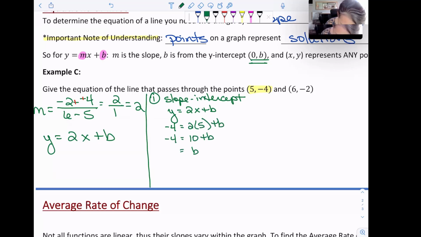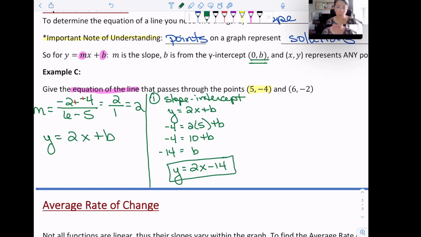So we get a y-intercept, when we subtract that from both sides, of negative 14. But again, keep in mind, they want the equation of the line, not just the b value. So we plug it back in: y equals 2x minus 14. We plugged in the m, we plugged in the b, and we're leaving the x and y to represent all points.